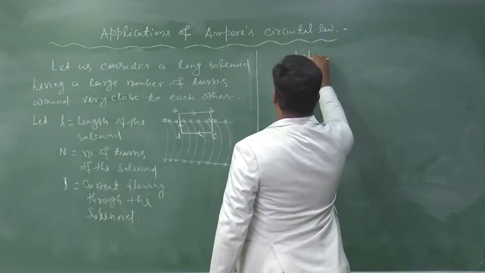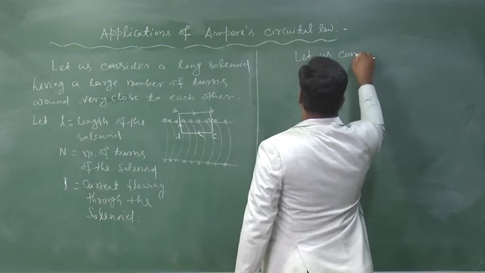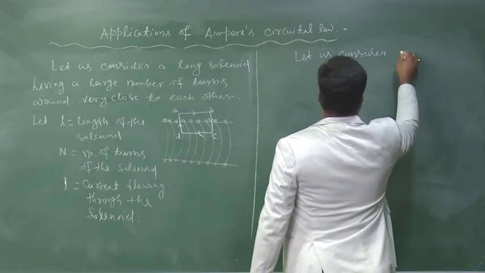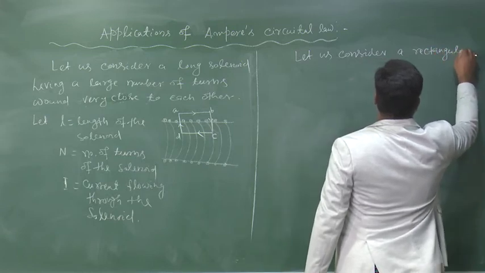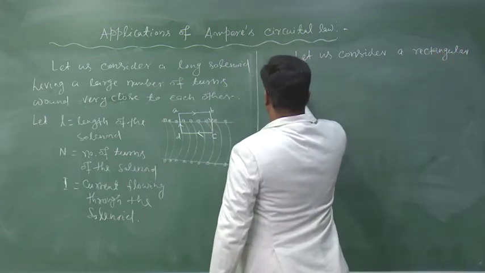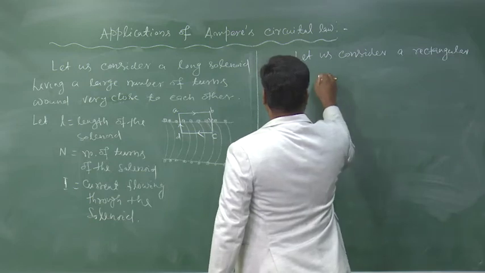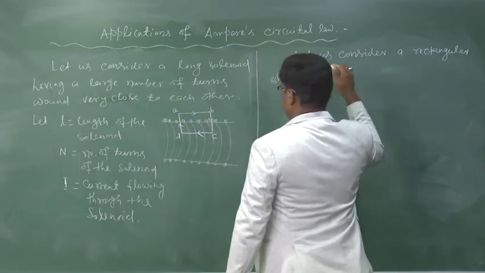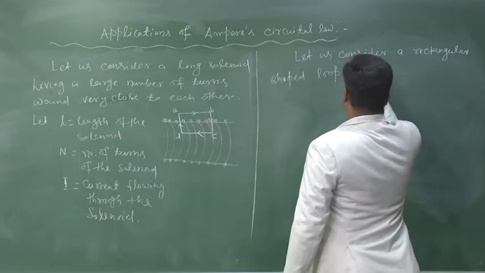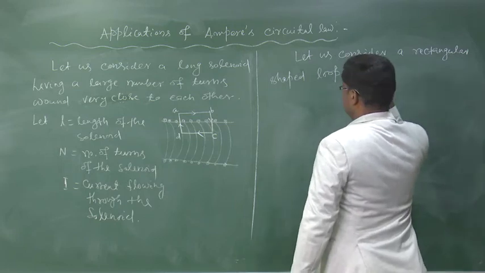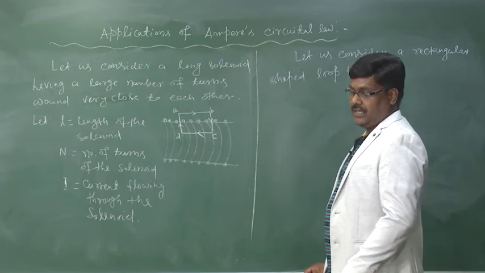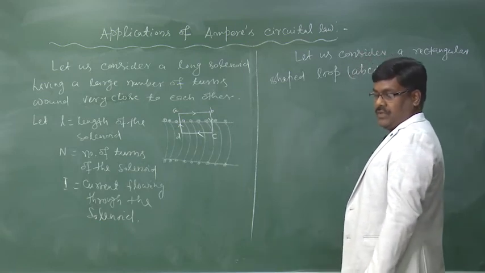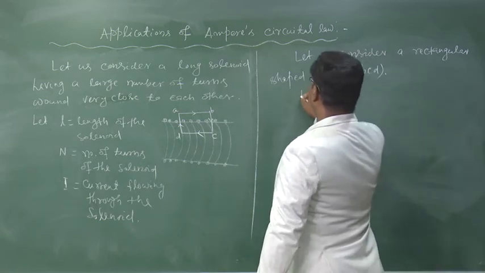Let us consider a rectangular shaped loop ABCD. Now, the line integral of a magnetic field over the loop ABCD.